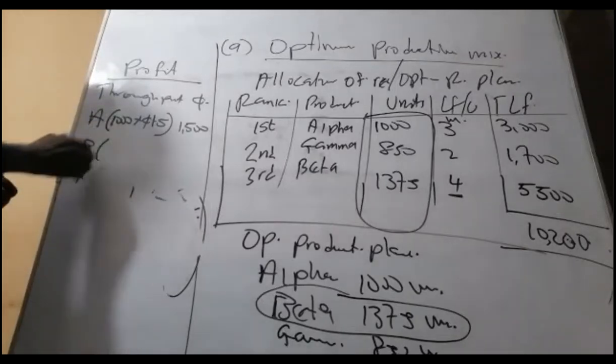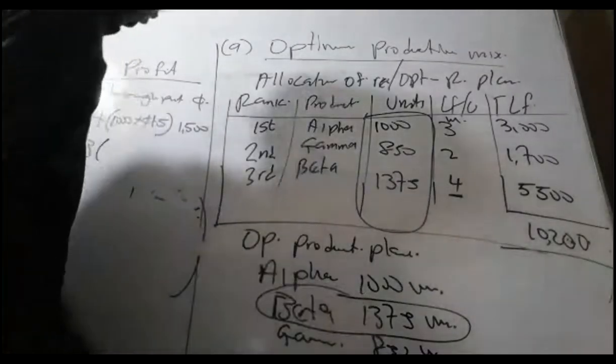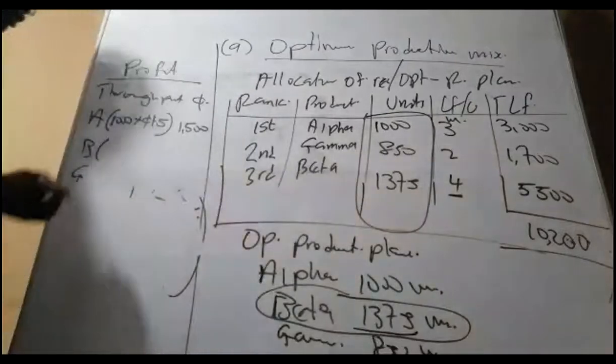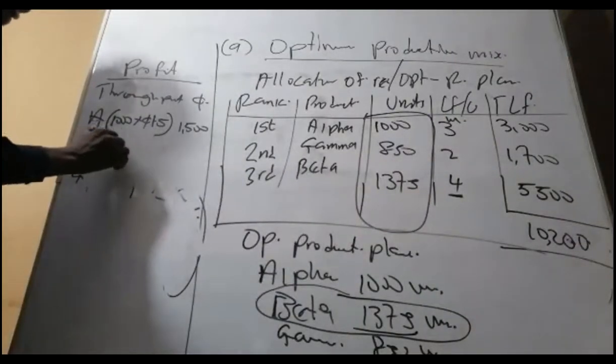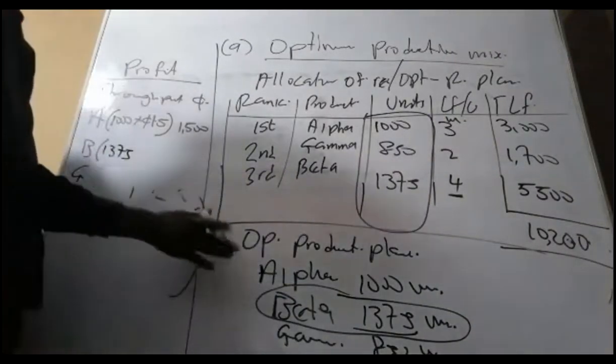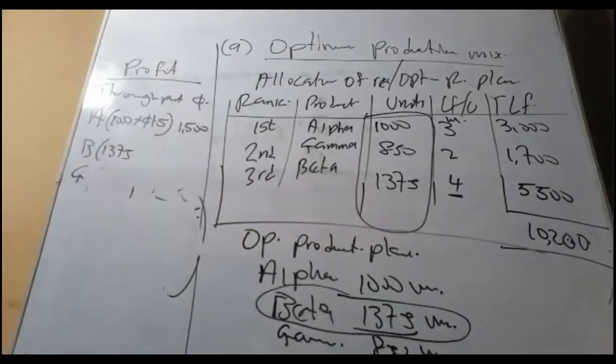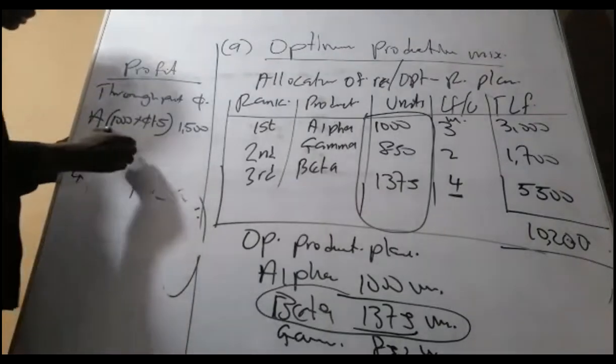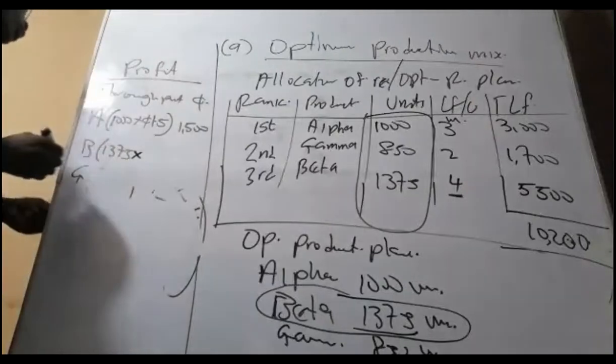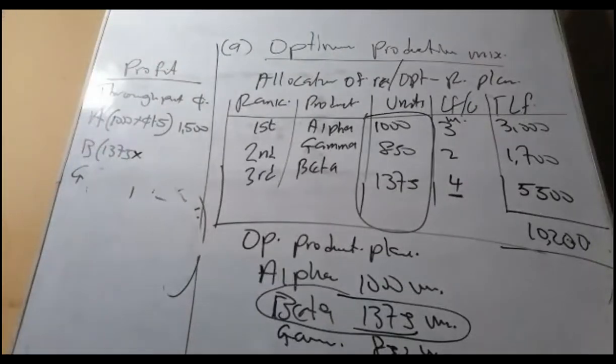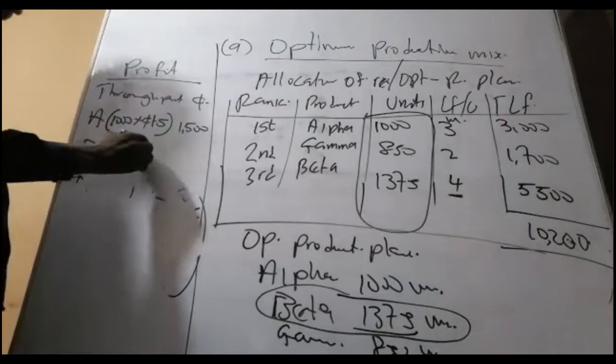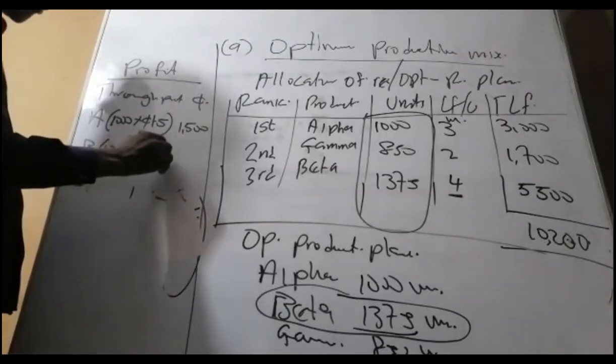Let's go to beta. Pick the demand. The demand is 1,375. You don't need to pick any demand in the question. The one that you have advised them to produce, that is what you have to use, not the one stated in the question. Great. Times the throughput per unit happen to be Ghana cedis of 1.44.